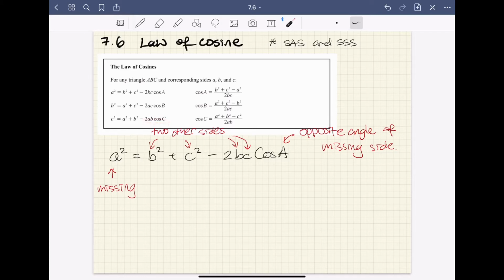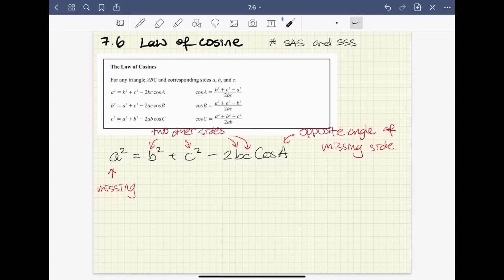So cos C. So we can tell that all of these three formulas are in the same form. It's just that the sides are different. But if you memorize this formula, you will be able to derive the other two formulas.